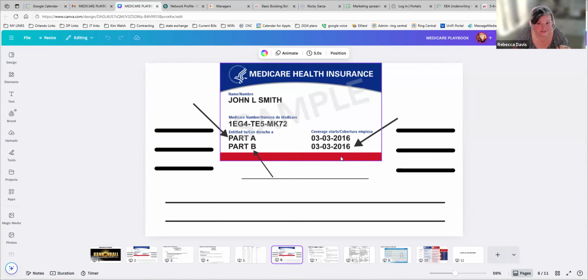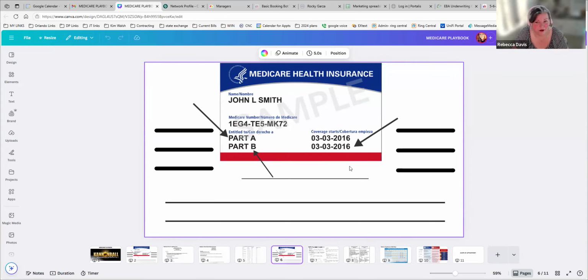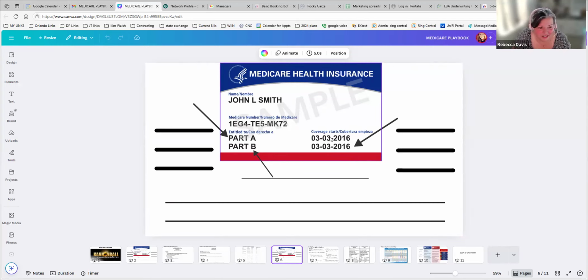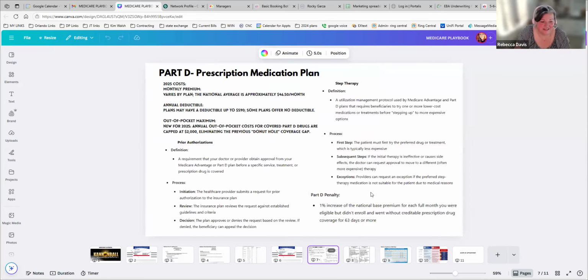Well, when they're different, that's usually when a lot of people get into trouble with the Part D penalty, because they might have gotten Part A, let's say in January, and for whatever reason, their Part B didn't go into effect until May, but they never picked up a drug plan or anything in between. Well, that 63-day clock started the minute they got their Part A or their Part B.